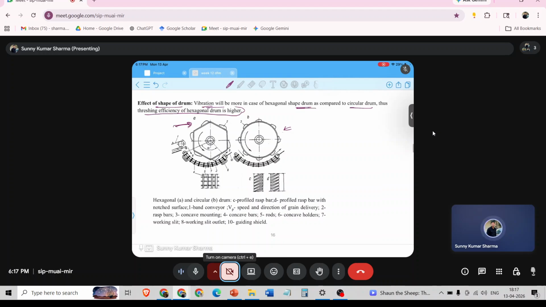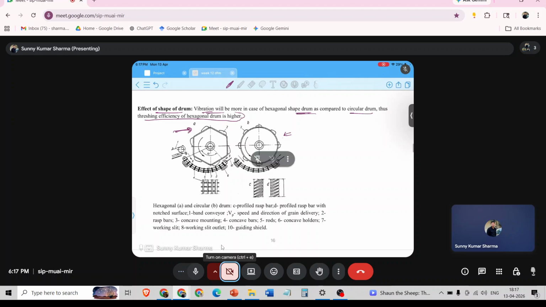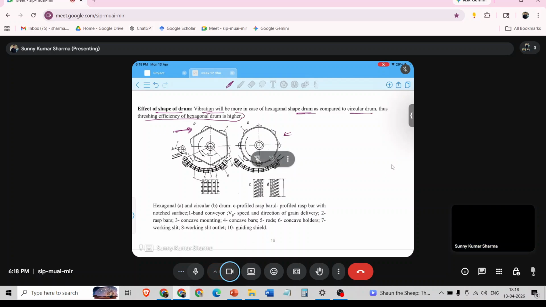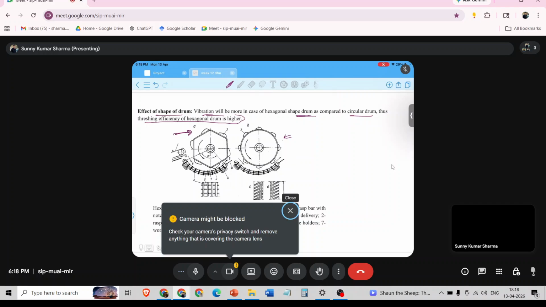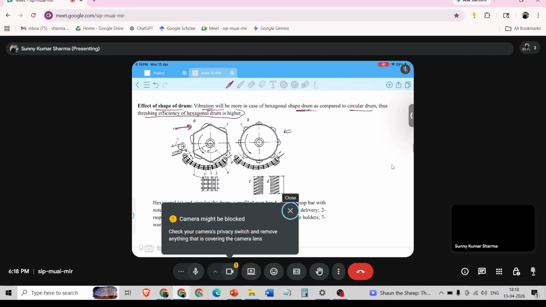There is a power cut in the campus. So we will continue the class.